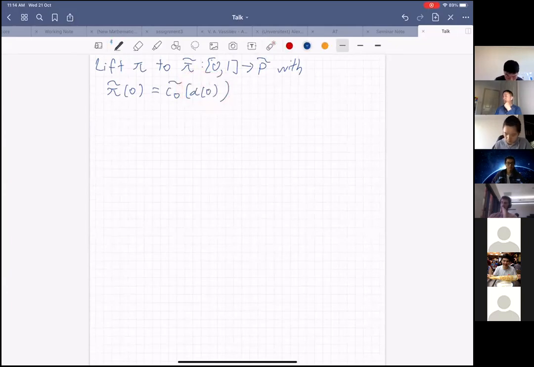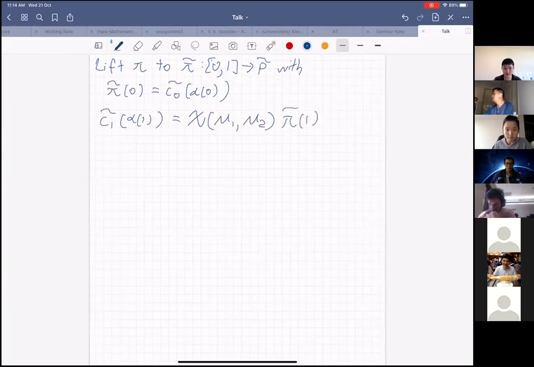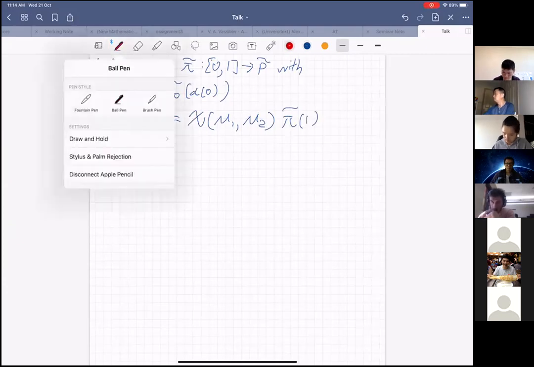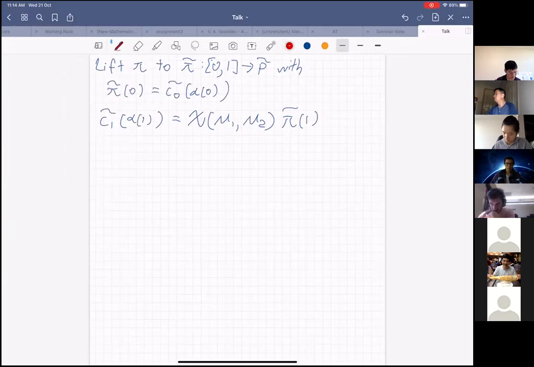And then the endpoint. So the endpoint should be this. And then there's a difference here. There's an action of chi here. I will show you an example later.